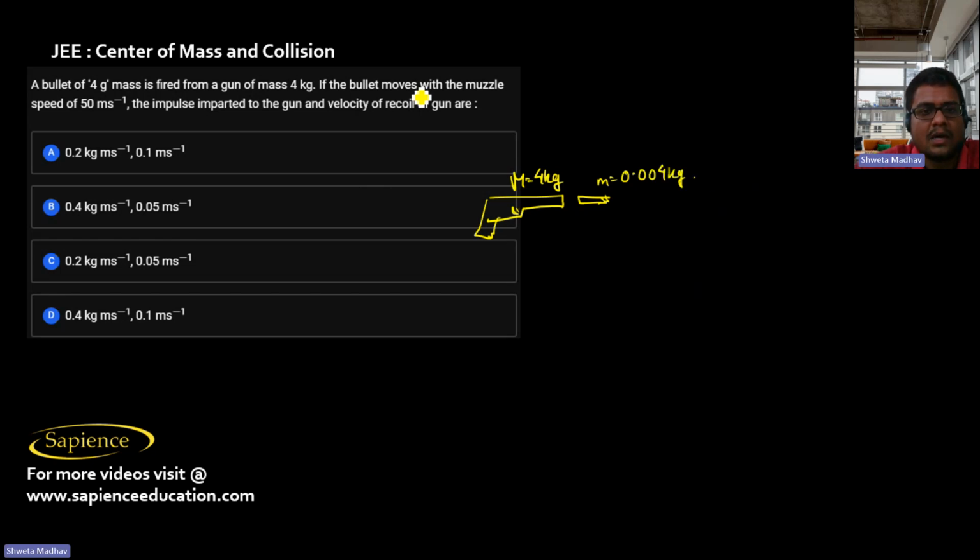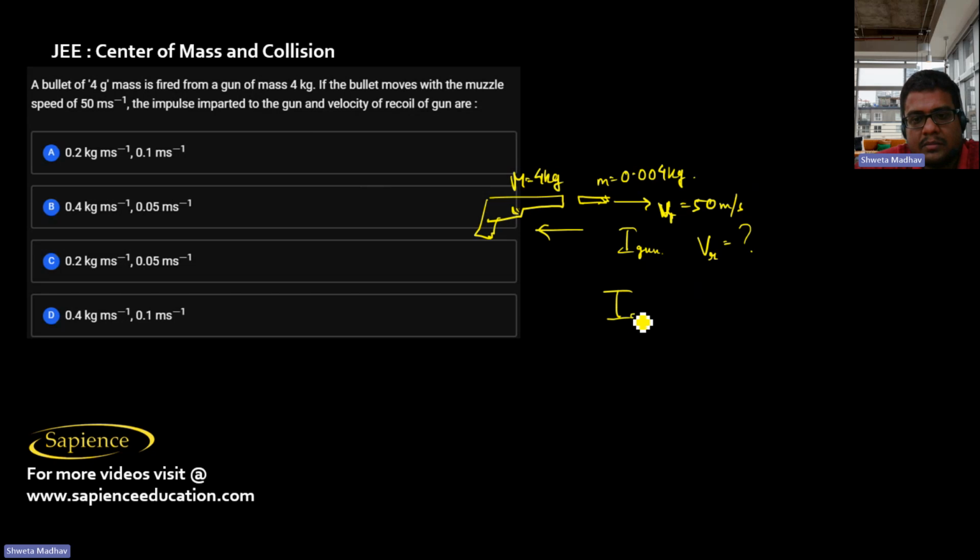If the bullet moves with the muzzle speed u, that is 50 meter per second, I can say it is v1, find the impulse imparted to the gun and the velocity of recoil of the gun.